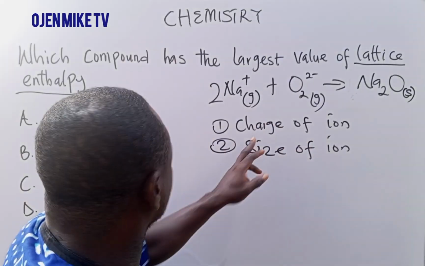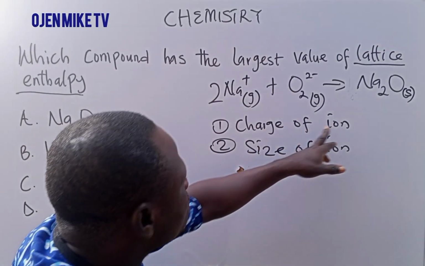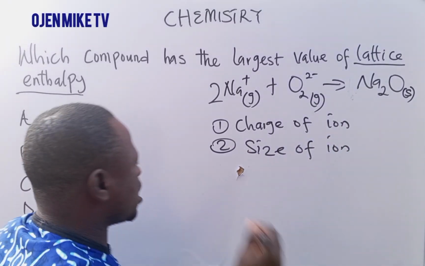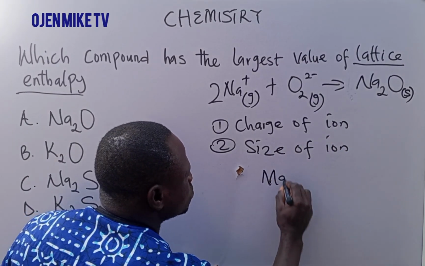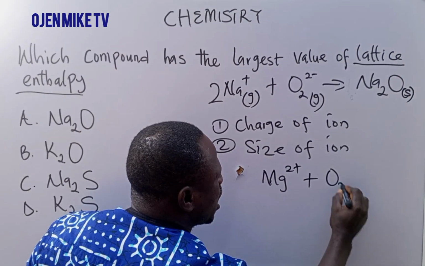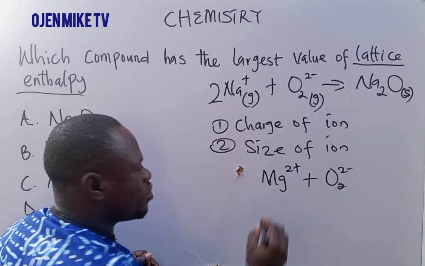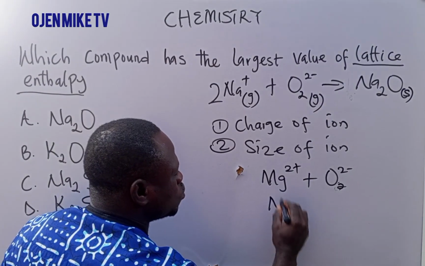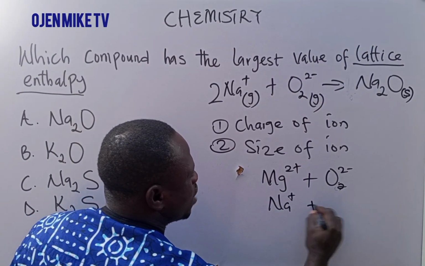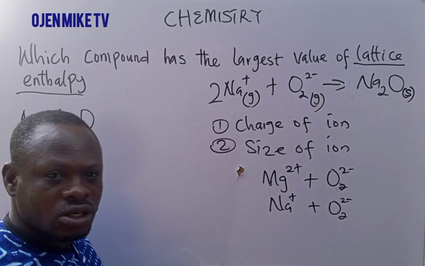Now, let me come to the first one before we go to our various options: the charge of the ion. For instance, you have magnesium ion plus oxygen ion, and you have another one, sodium ion and oxygen ion.